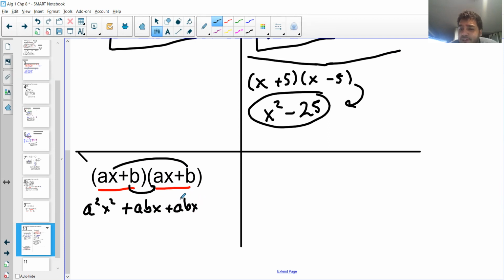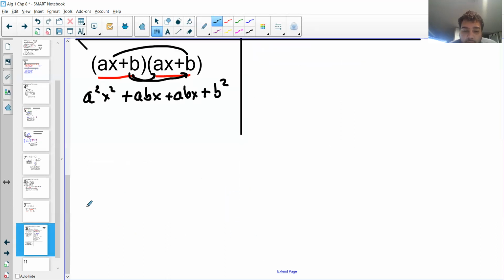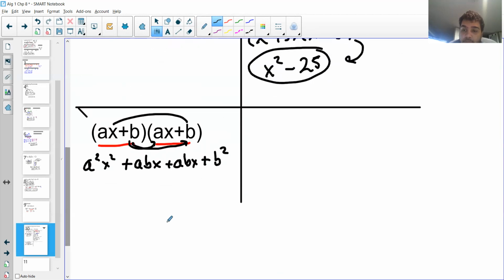Remember, on these typical situations, you try to keep it alphabetized. And then b times b is plus b squared. Well, this first term is itself, a squared x squared. The last term is the same, plus b squared.